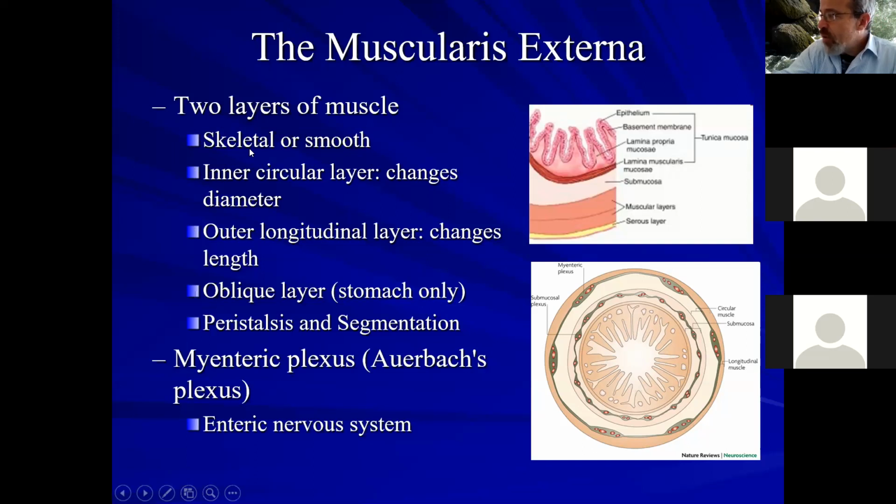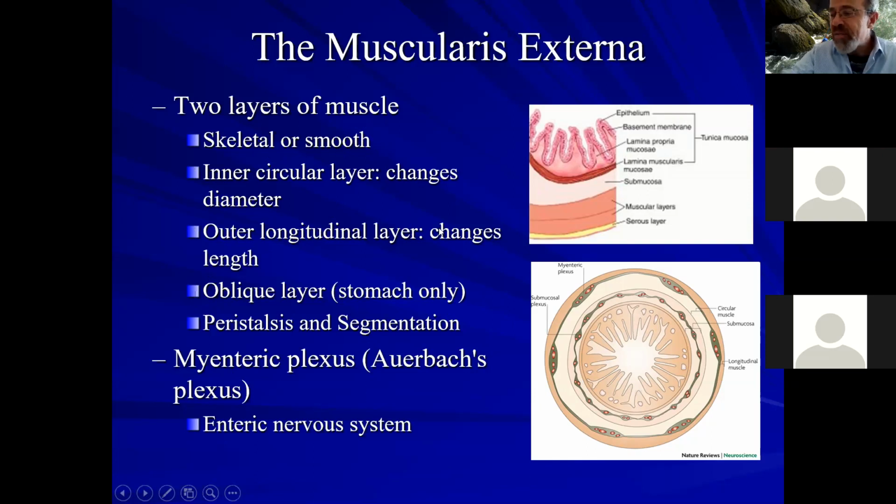If you think of swallowing, at least the initial part of it is a voluntary action, right? So we have skeletal muscle. As we go further down the esophagus into the stomach, the small intestine, large intestine, the muscle is smooth. It reverts back to skeletal once again when we get into the anal canal and the anus.